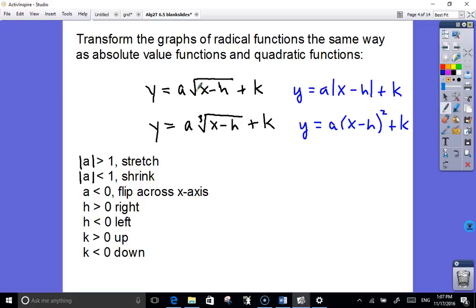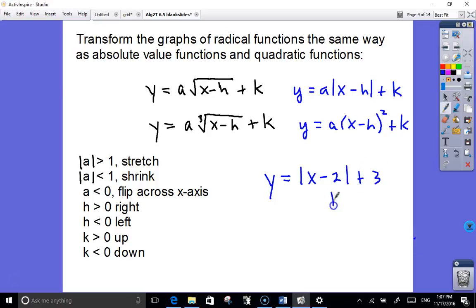Right? Now the h is what's being subtracted from the variable inside the function. If h is greater than 0, the graph moves to the right. Okay, you know, we did this before, like with an absolute value function. y equals the absolute value of x minus 2, plus 3.